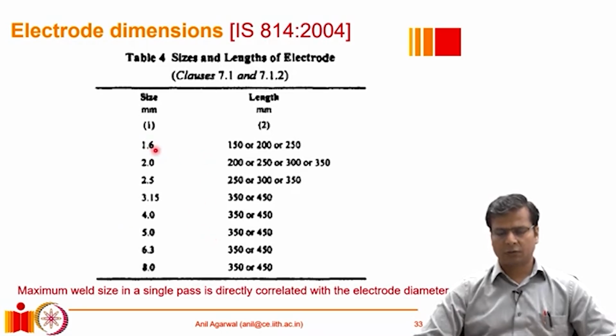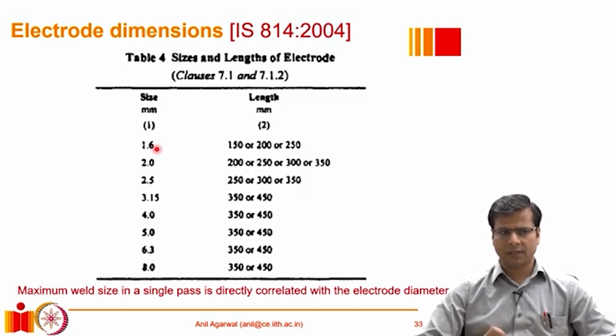It is not only the electrode strength that is relevant, it is also important to pick the electrode dimensions, because the length of the electrode has some role to play, but more significantly, it is the diameter of the electrode. This is not really a responsibility of structural engineers. Usually the welders are qualified enough, and they are supposed to pick the appropriate electrode size for a given weld size.